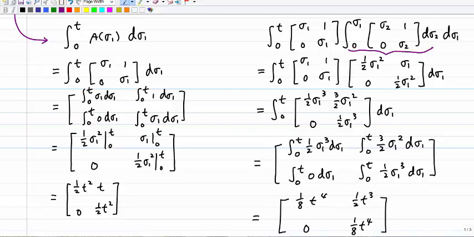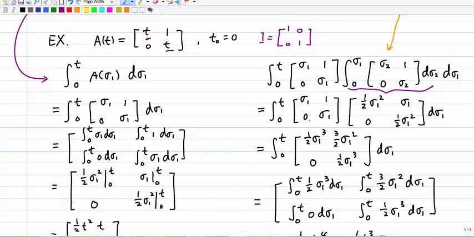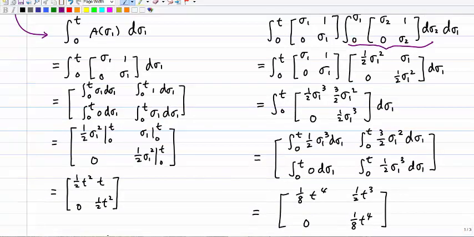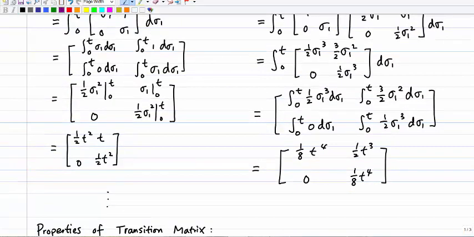Then do the multiplication of the two matrices, the product of these two. Then you integrate this component, again integrating each component. I won't talk about the detailed computation, it's pretty straightforward. After you do that, the final result is [1/8 t^4, 1/2 t^3; 0, 1/8 t^4].